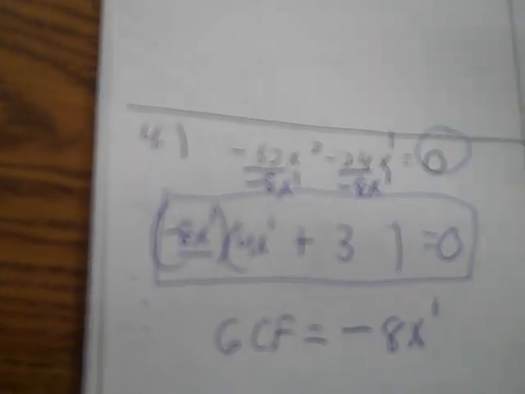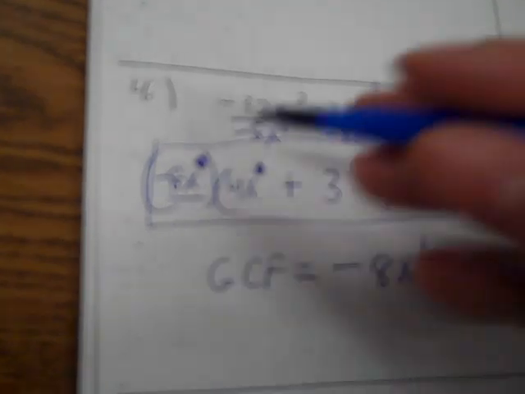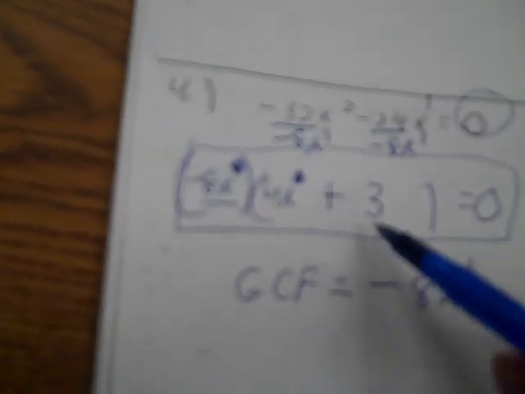Given that it's positive 3, it's a plus operator. So get those out of there. That's F1. Negative 8x could equal 0, or 4x plus 3 could equal 0. So I dot my x, circle it, dot your x, circle it.